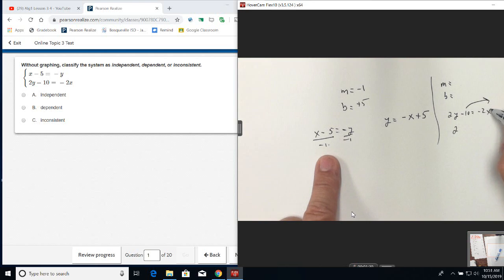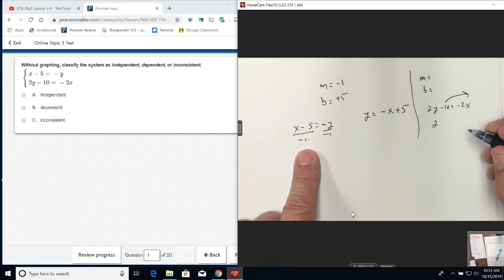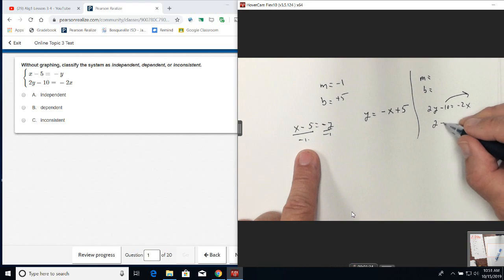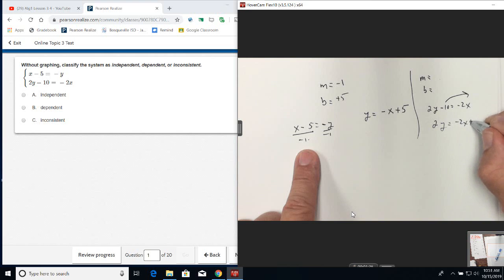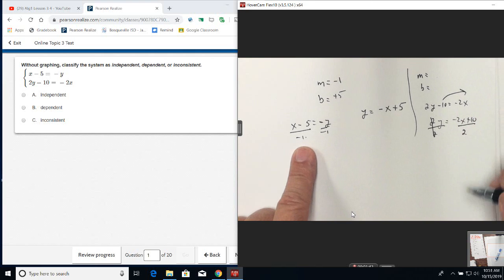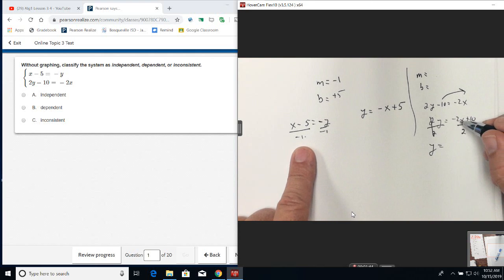So I move my 10 across, so that negative 10 is going to become a positive 10. So this is 2y is equal to a negative 2x plus 10. And then now to get the y by itself, just divide by 2. 2 divided by 2 is 1. 1 times y is y. So this negative 2 divided by positive 2 would give you a negative x, negative 1x. Okay, and then 10 divided by 2 is a positive 5.